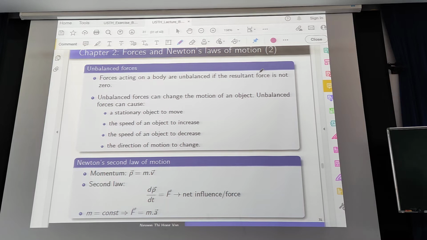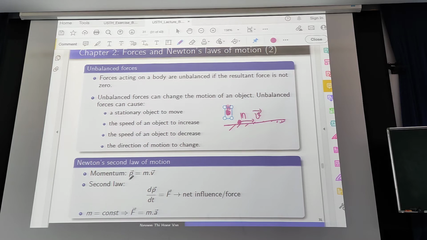And how does it change? We go to the second law of motion of Newton. So firstly, I introduce the quantity called the momentum of an object. So I have an object with a mass m. Mass m is moving on the road with the velocity v, vector v.